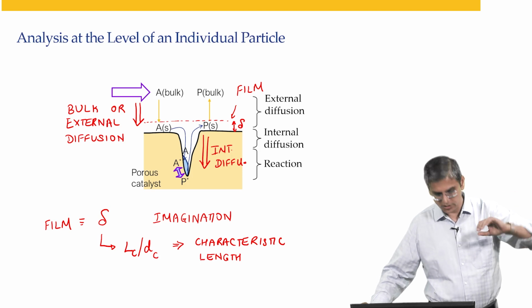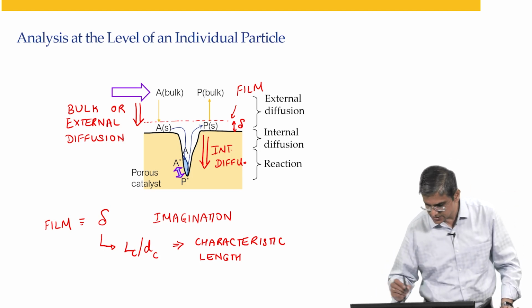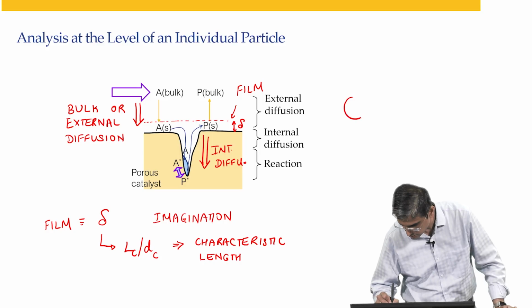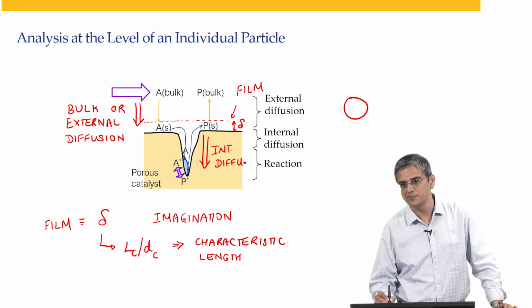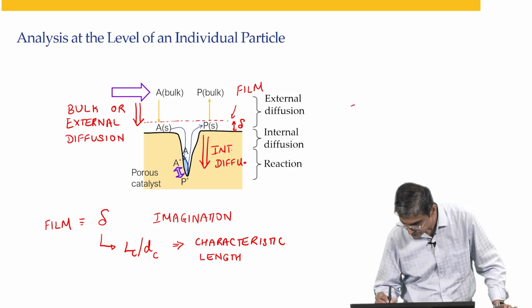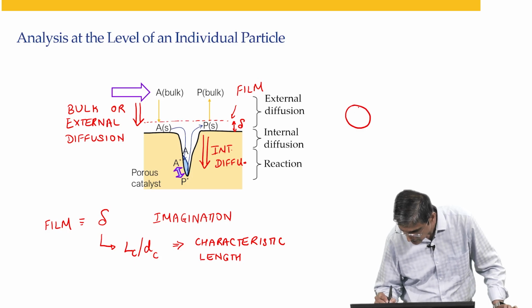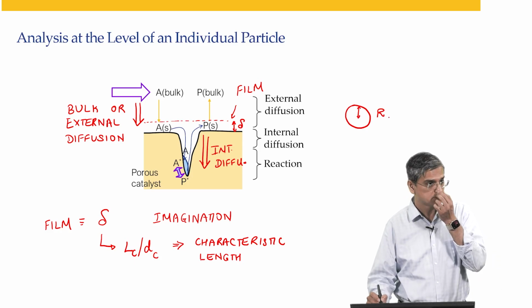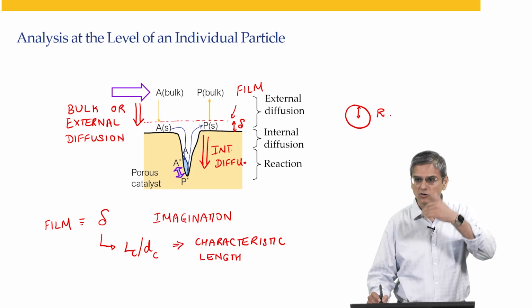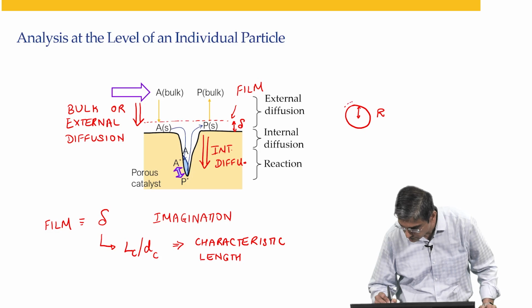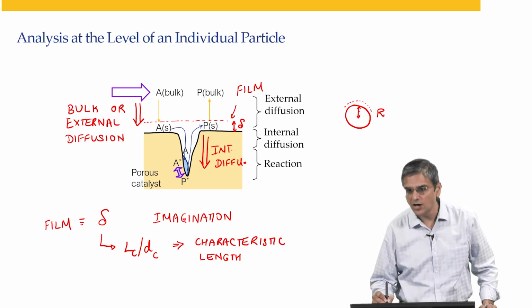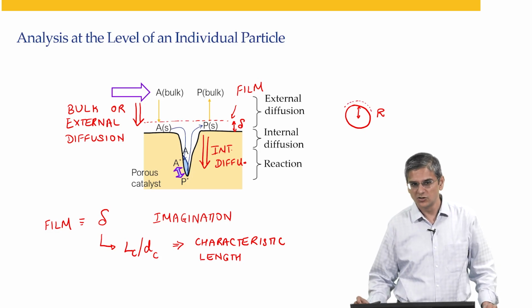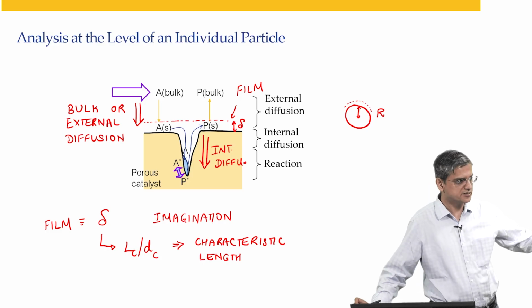Now, for example, let us think about a spherical catalyst particle. The characteristic length in case of a catalyst particle is its radius or its diameter. So, think about the external film. The external film is outside that radius. So, that delta lies outside that radius.